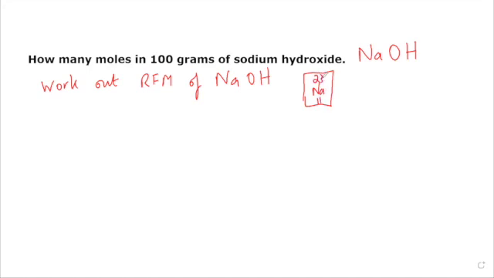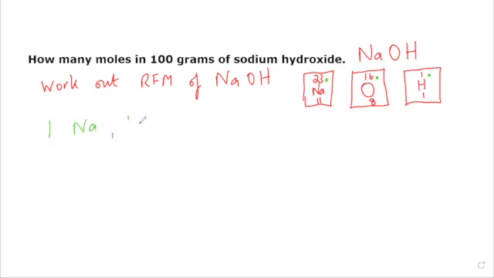So sodium hydroxide is made of sodium, oxygen, and I'm just writing out the boxes from the periodic table, and hydrogen. And if you remember, it's the top numbers we need. Then we look at how many sodiums there are. In the formula, there is 1 sodium, there is 1 oxygen, and there is 1 hydrogen.